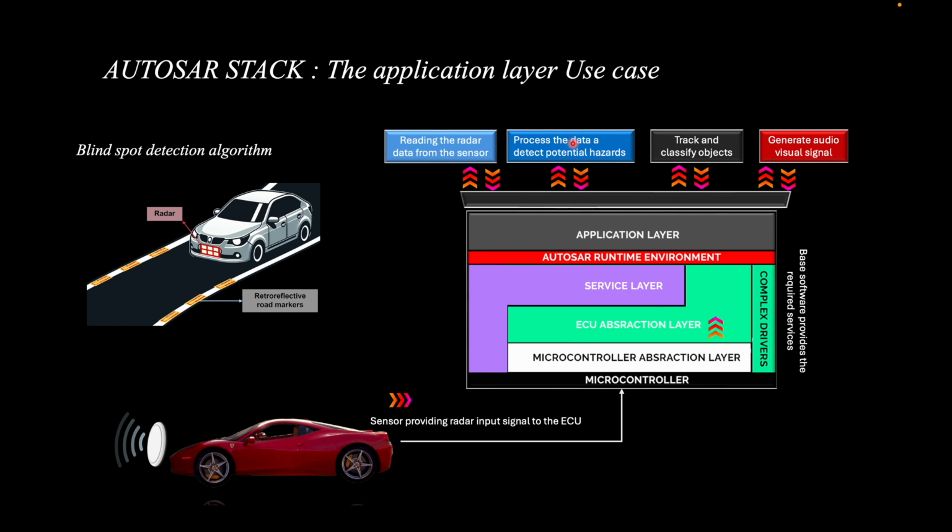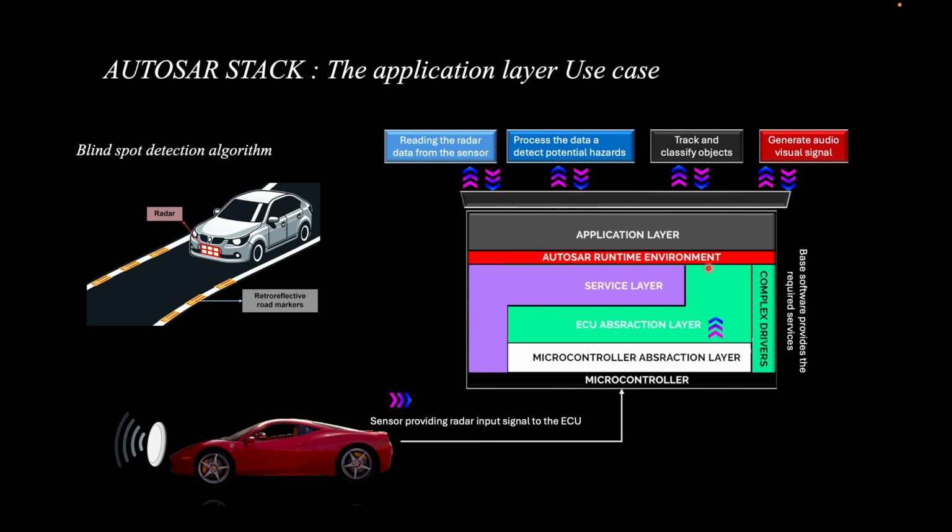Okay, so once this is processed and it is detected that there is a hazard present inside the blind spot, then a signal is sent again back to the RTE, and RTE will update the relevant signal, which is generating the relevant audio visual output, right? So in the audio visual output algorithm, it will try to generate all the relevant components or the signal values that are needed for generating the audio visual signal.